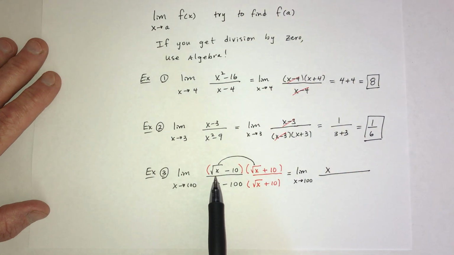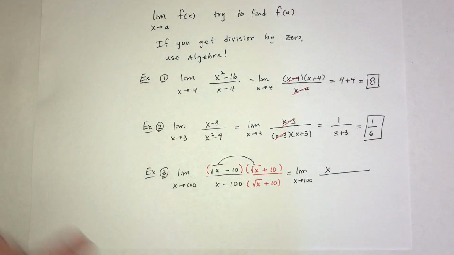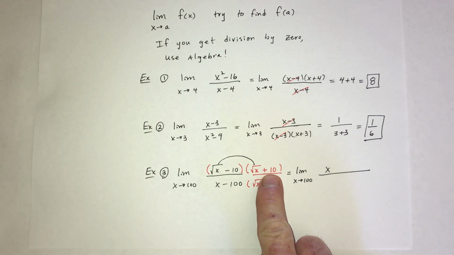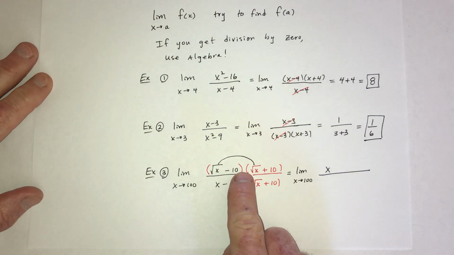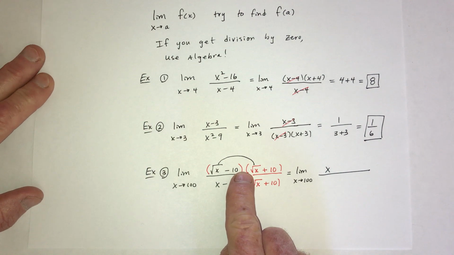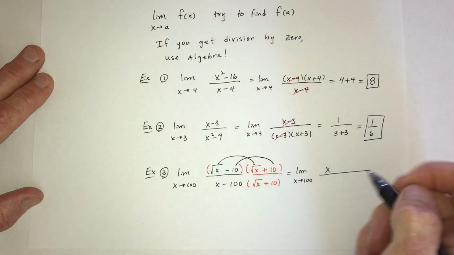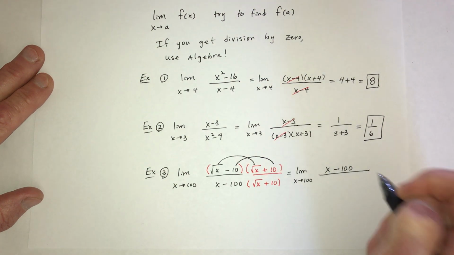One good thing about conjugates is the middle terms are going to cancel, because when you multiply the 10 and the radical x, that's a positive 10 radical x. And when you multiply these two, that's going to be negative 10 radical x. So the middle terms cancel. Then there would be the last one times the last one, so that's going to be minus 100.